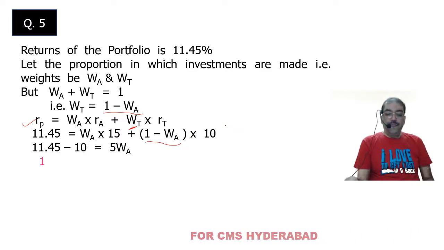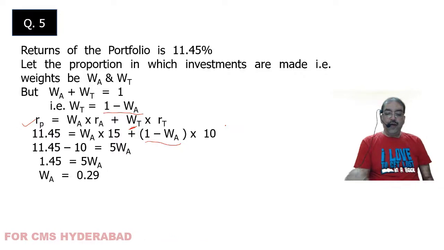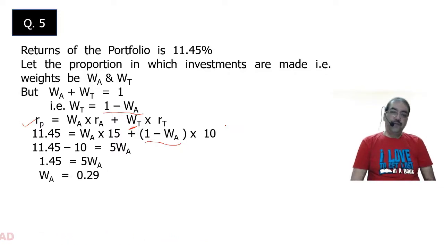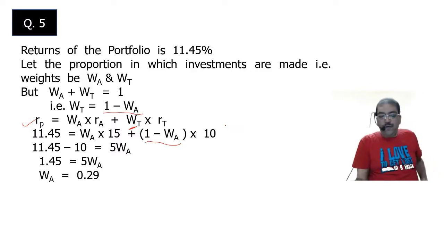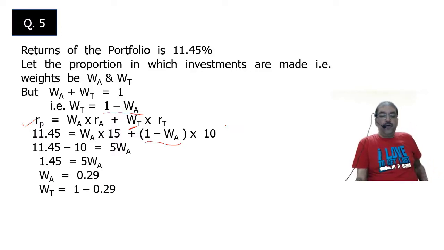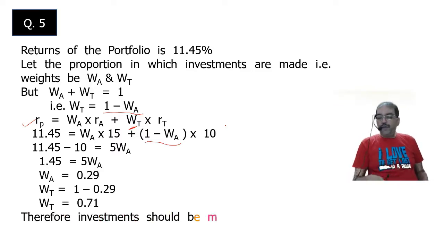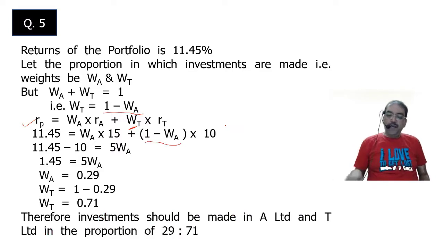Evaluate this, I'll get the value of WA as 0.29, 29%. So WT will be 1 minus 0.29, that is 0.71. So investments should be made in A limited and T limited in the proportion of 29 is to 71.